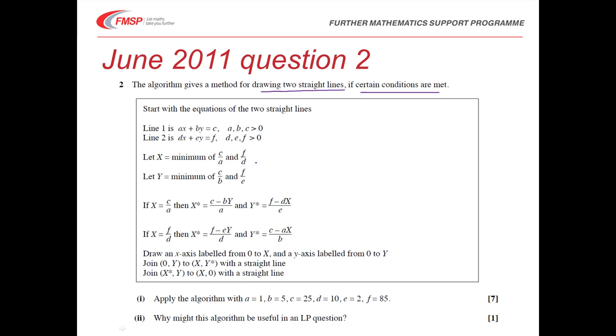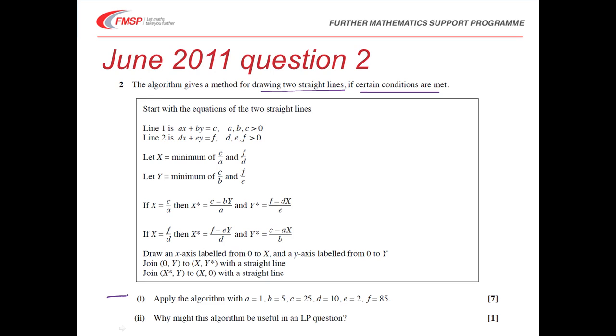I notice straight away looking down here there are places where division by A and D and B and E come into play, and of course you couldn't therefore have any of those being 0. So we have conditions up here about the values of the variables. There's also C and F, which neither of those should be 0, and that's a condition to do with the fact that the graph should not go through the origin, which is significant, as you'll see from the last part of the solution.